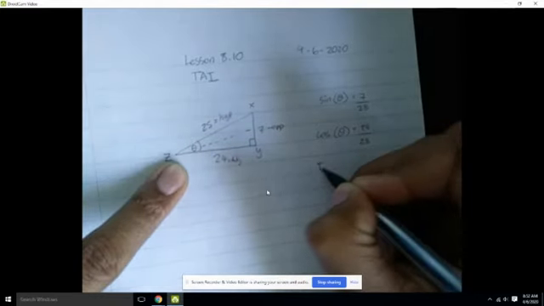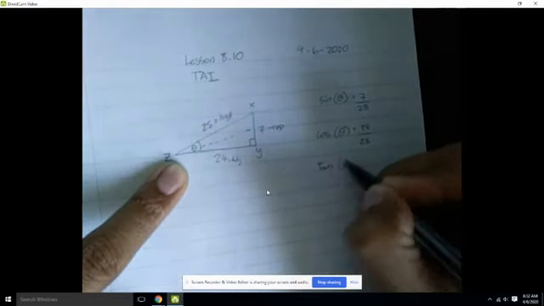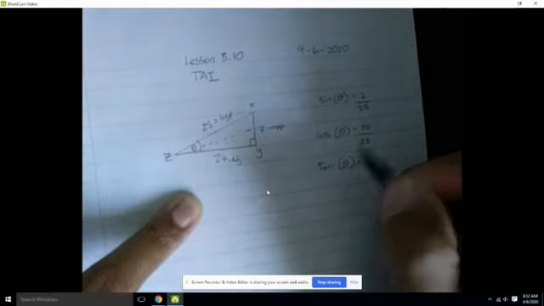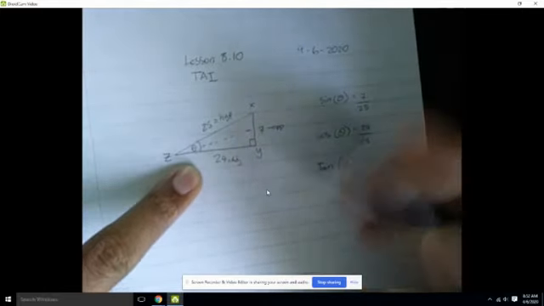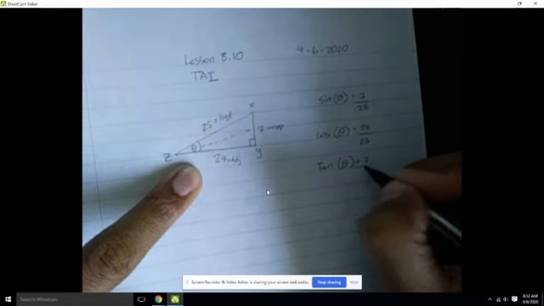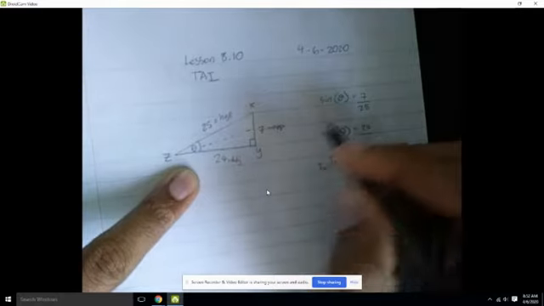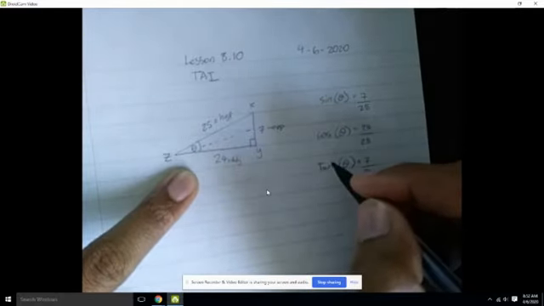We could use tan of theta, which would give us opposite over adjacent, which would be 7 over 24. Okay. Any one of these could give us the answer.